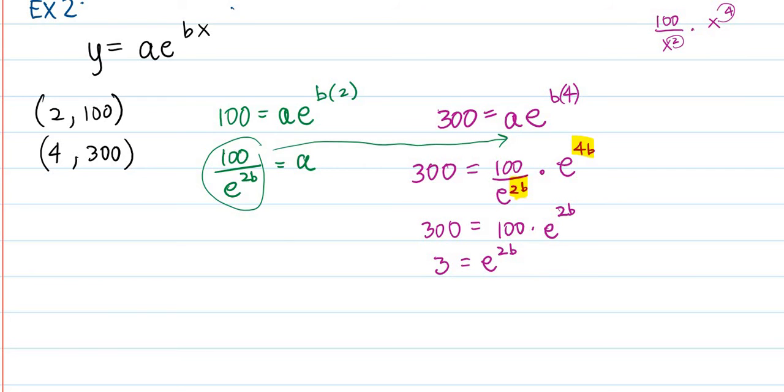In this case, that's the natural log. So we need the natural log of 3 is going to be equal to the natural log of e to the 2b, but natural log of e to the 2b is just 2b. And then we would divide by 2 on both sides, so we have natural log of 3 over 2 is equal to b.